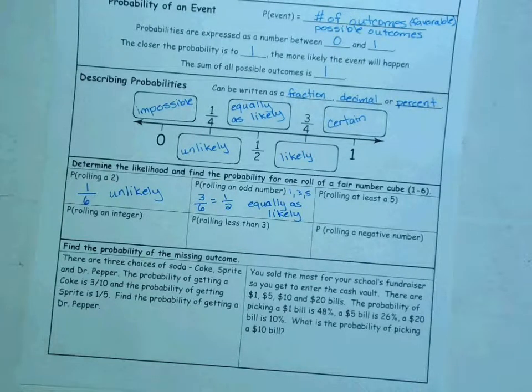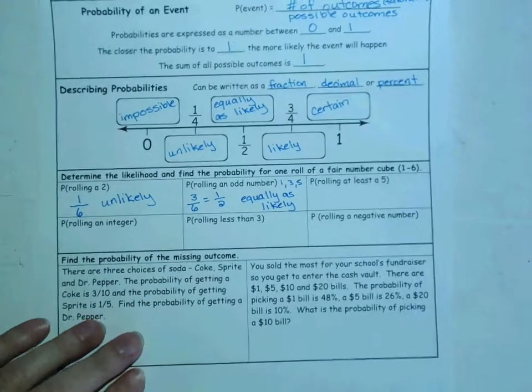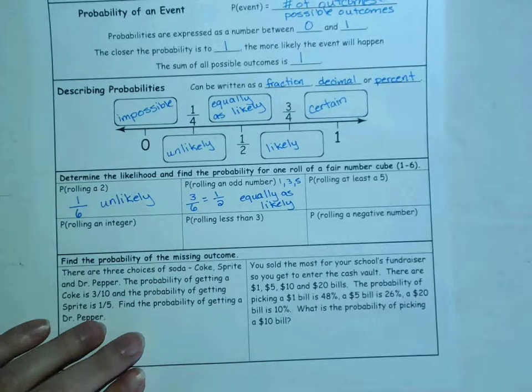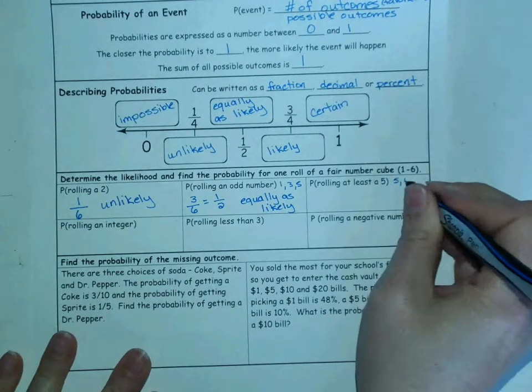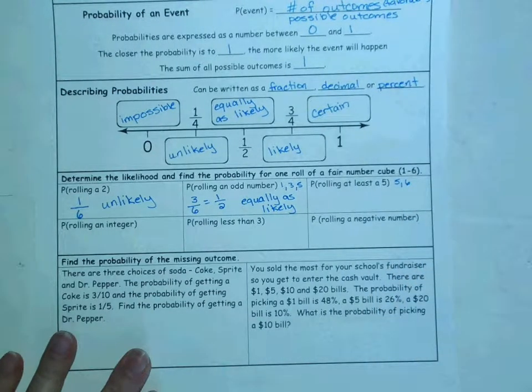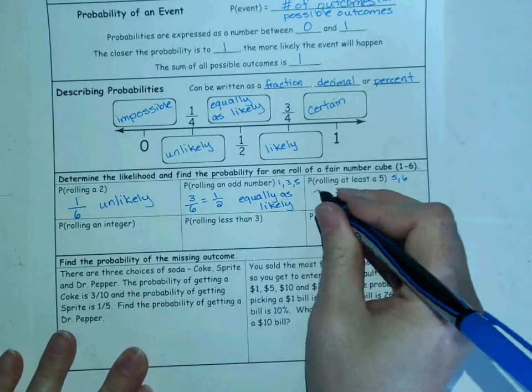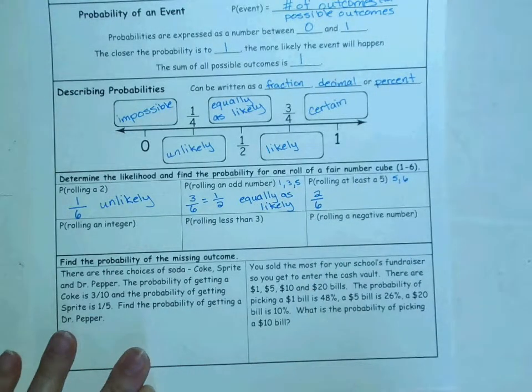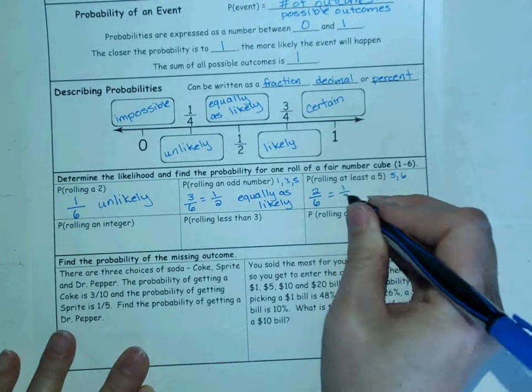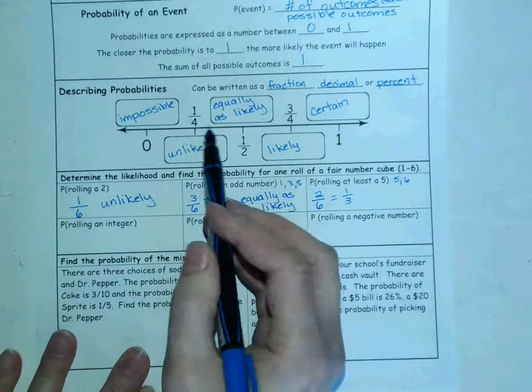Alright, the next one, rolling at least a 5. Now this is thinking back to our inequalities that we dealt with a couple of units ago. At least a 5 means that the numbers 5 and 6 would be favorable outcomes. So that's 2 out of our 6 outcomes. That reduces down to 1/3, and remember 1/3 is 33%.